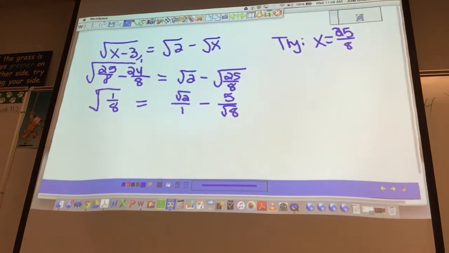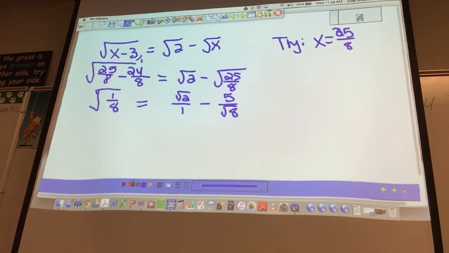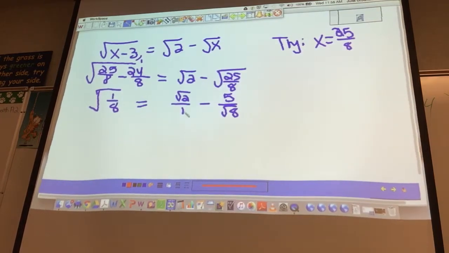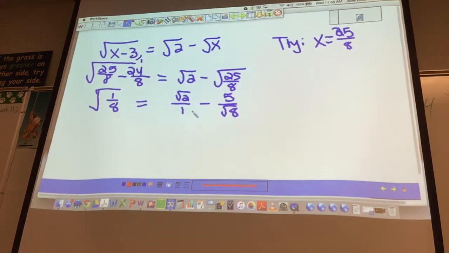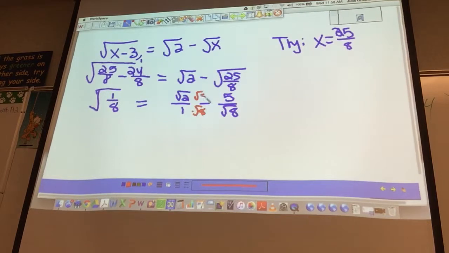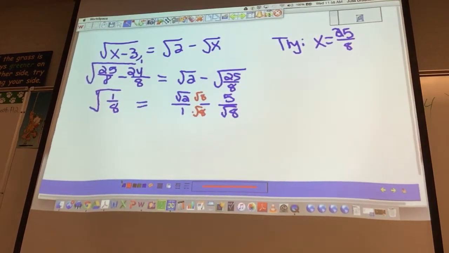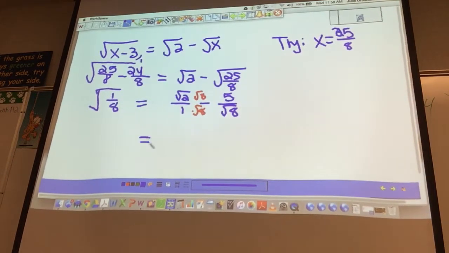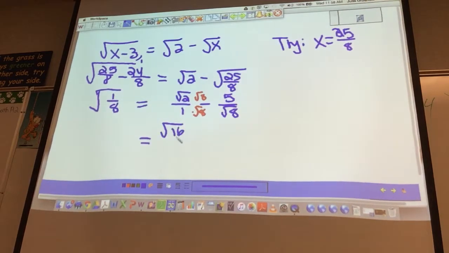All right, so in this case, I need common denominators. What do I multiply the top and the bottom by to get a common denominator? Radical 8. Because this one says radical 8. So what I have is radical 16 on top, and I have a radical 8 on bottom.